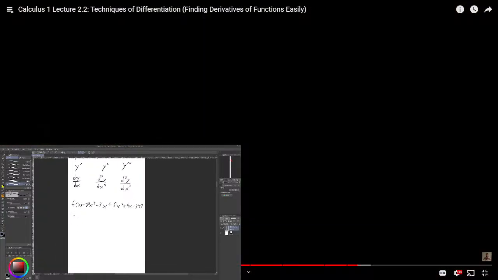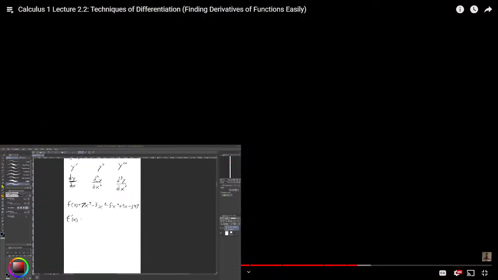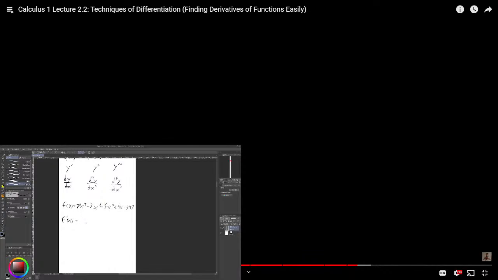Okay. f prime of x: 4 times 7 is 28, x cubed, minus 9x squared, minus 10x, plus 9, and that's it.